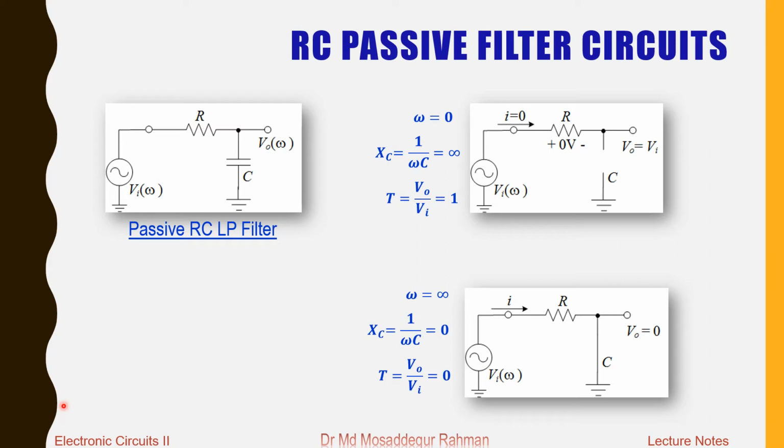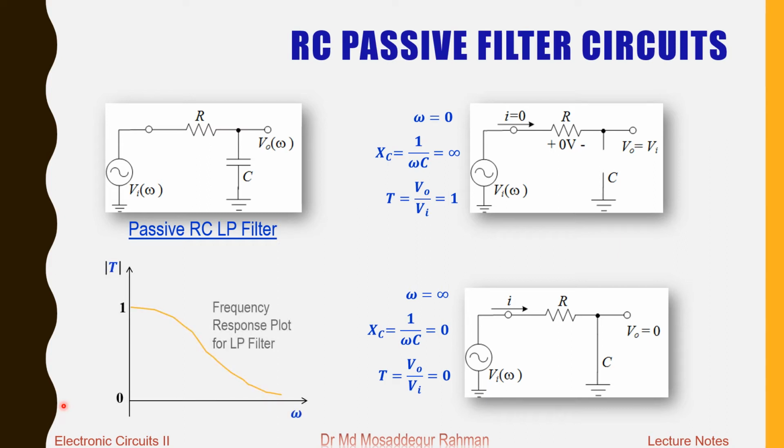So from this we can have an estimate of the characteristics of this filter circuit, and we can draw it like this: at zero frequency we have 100% transmission, magnitude is 1, and as you increase the frequency, the transmission will start decreasing and decreasing, and it will approach 0 at very high frequency, and it will become 0 at infinite frequency.